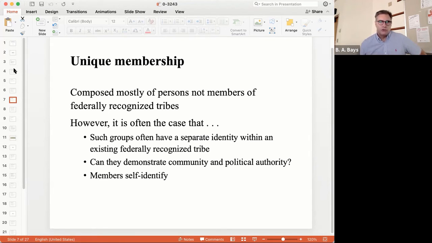A lot of tribes, as you know, were either voluntarily or involuntarily grouped together in the treaty era and the removal era, and it's also the case that there were smaller subgroups within larger tribes that removed.